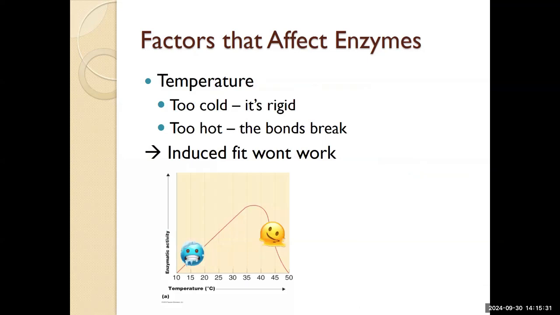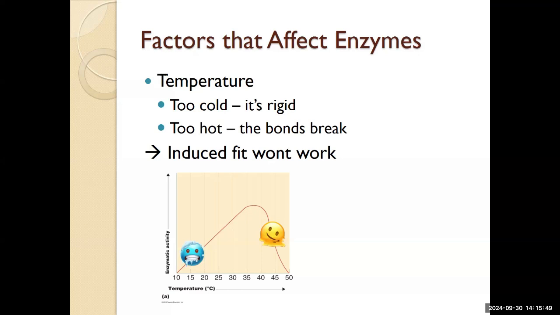Speaking of temperature, environment is another factor that affects the enzyme's ability to function. Temperature specifically. If it's too cold, the enzyme becomes rigid, frozen, and its induced fit wiggle is hindered, so it's not able to work well.